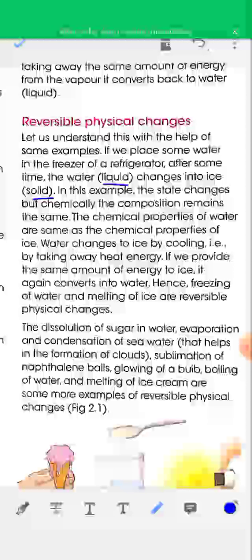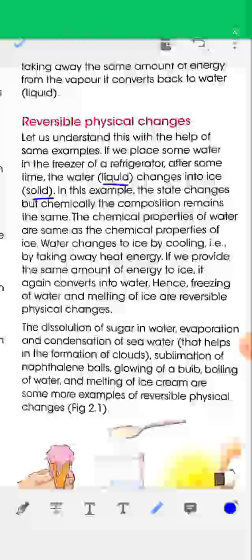So you can convert water into ice by taking away heat or energy from the water. Similarly, you can convert the ice into liquid water by supplying the same amount of energy to the ice.